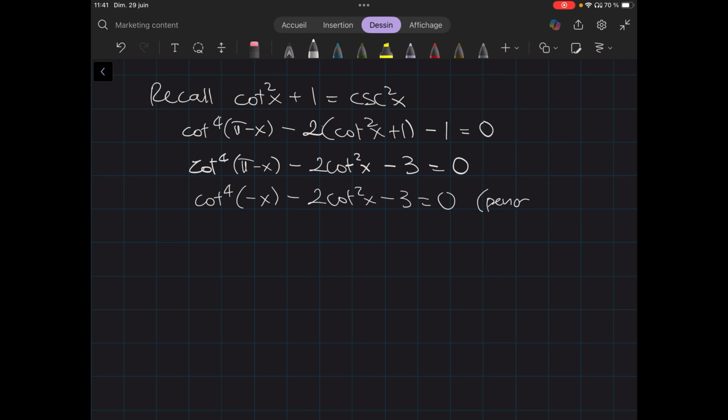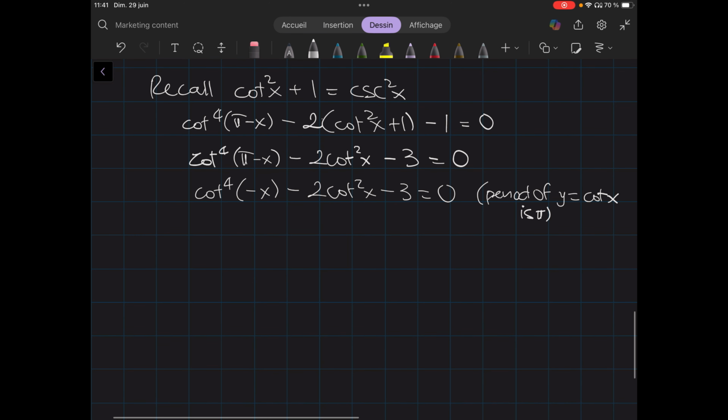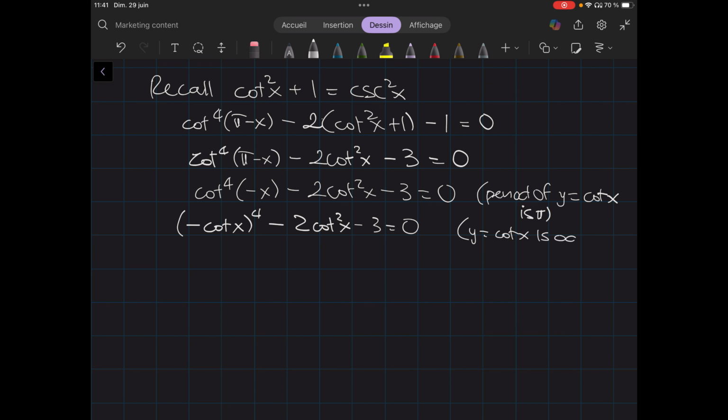The period of y equals cot of x is pi. Furthermore, cotangent is an odd function. Recap: an odd function is a function where f of x is equal to negative f of negative x.